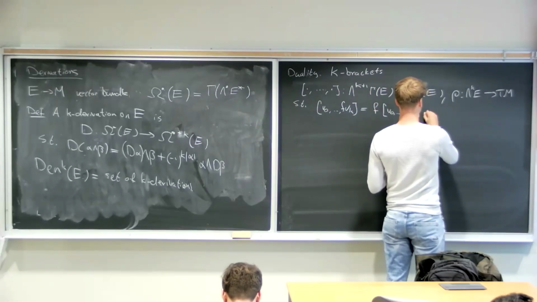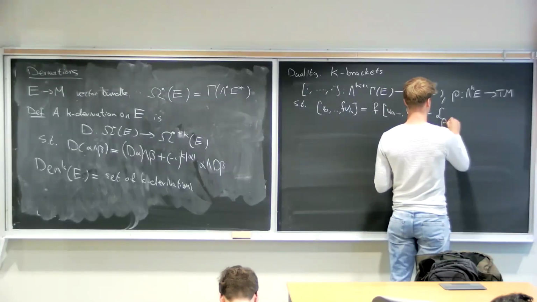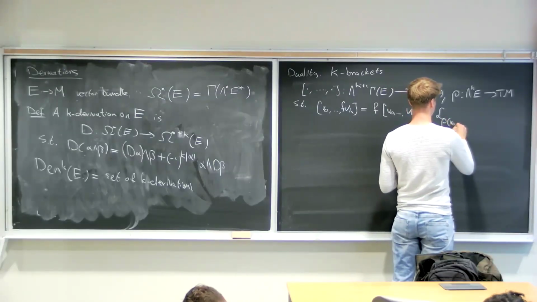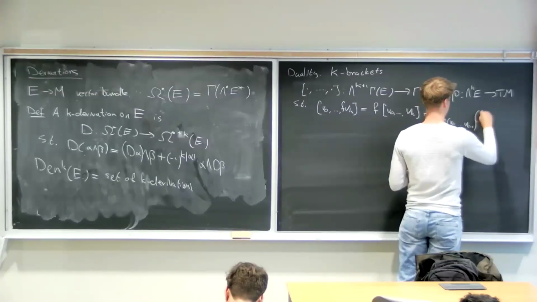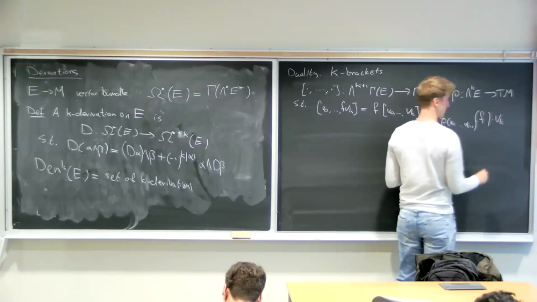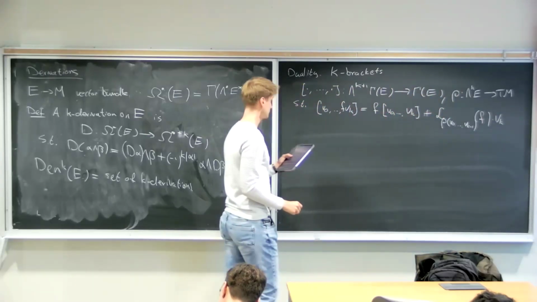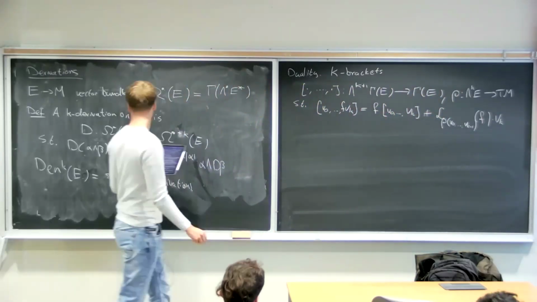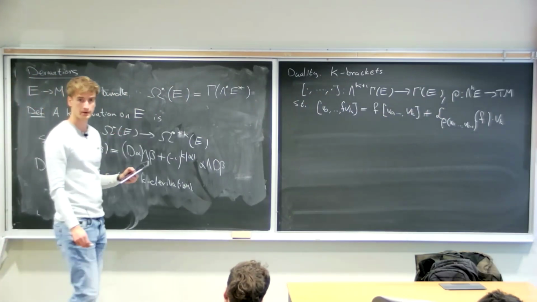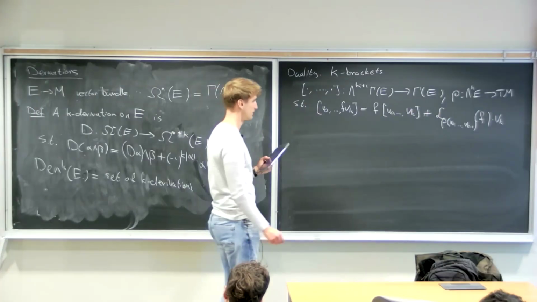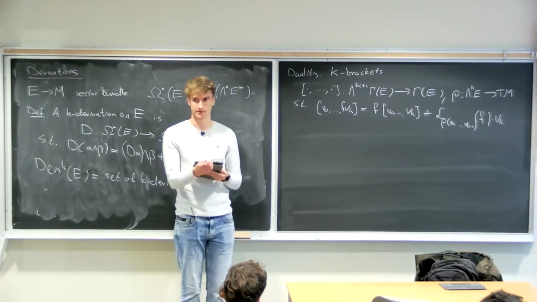So, oh, that's not an equal sign, that's plus the derivative of rho(v0, ..., v_{k-1}) f times vk. Every k-derivation determines a k-bracket and vice versa through the Koszul formula that I'm not going to write down.